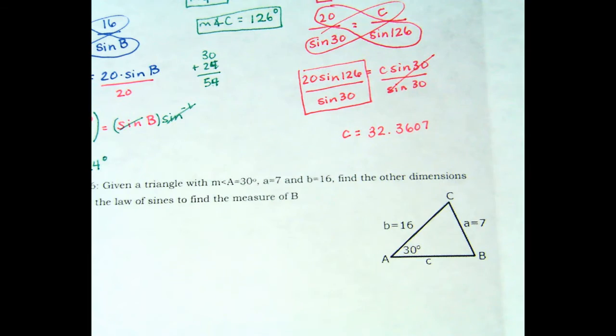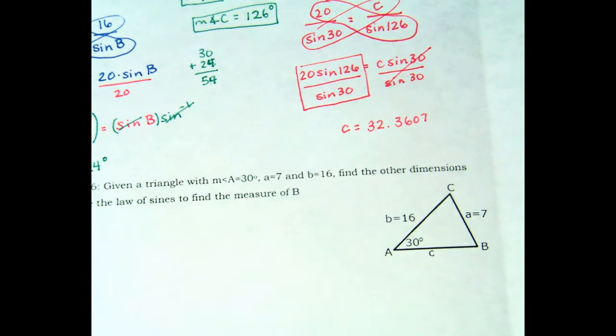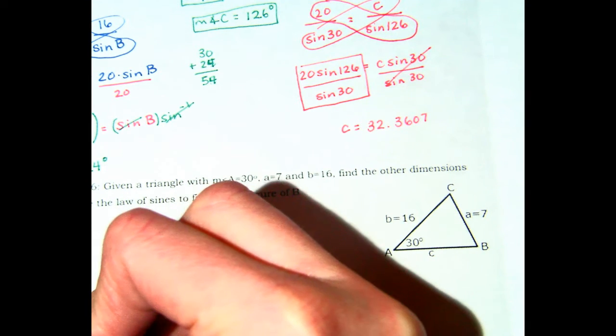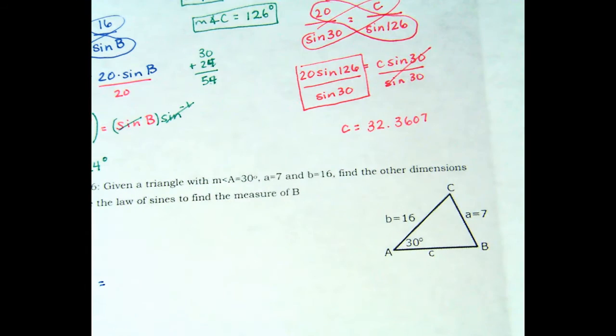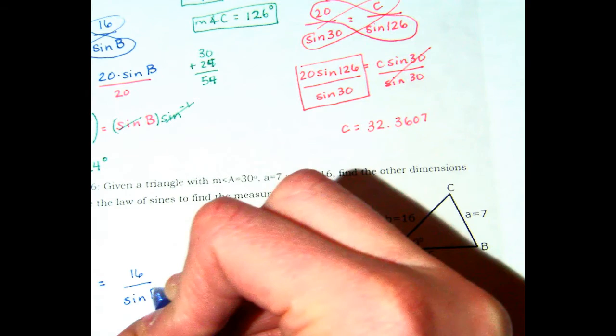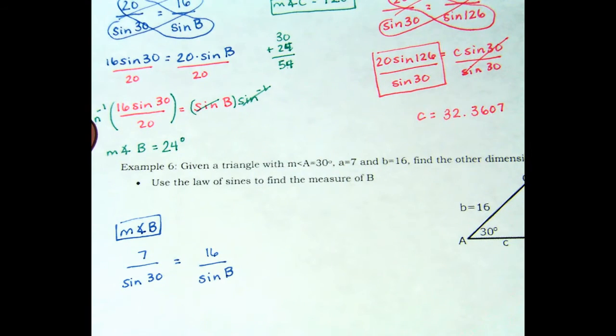Measure of angle B. What do we already know from this triangle, no matter what? We know angle A and side A, so what do we set up? Equals, we're looking for 16 over sine of B. Then what do we do?